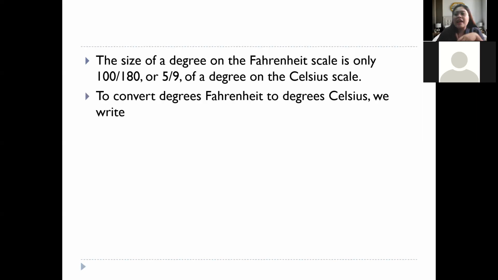That is why, when we look at the conversion equation, degrees Celsius is equal to degrees Fahrenheit minus 32 times 5 over 9. Meaning, the 5 over 9 there was taken from the comparison of their sizes on their thermometers.